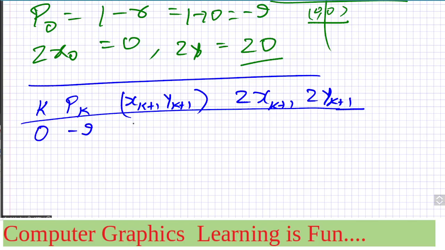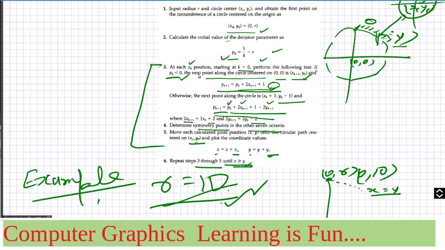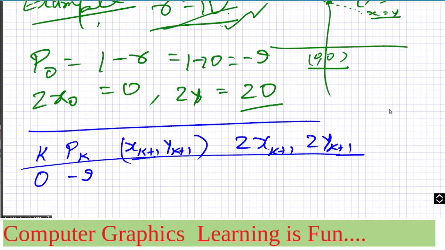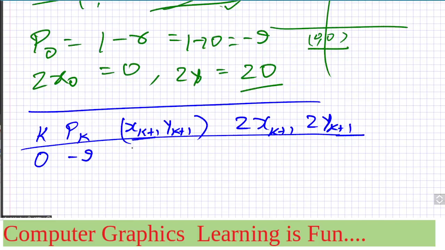Since it was negative, the k plus 1 will be xk plus 1 and yk. So xk was 0, xk plus 1 is 1, and yk itself 10 only. What will be 2xk plus 1? It will be 0 plus 2, plus 2, and we are not calculating this thing, so it remains 20 only.